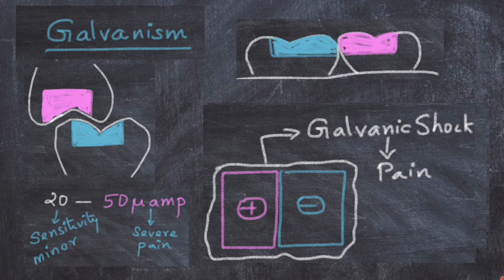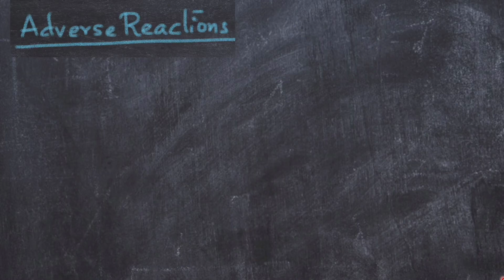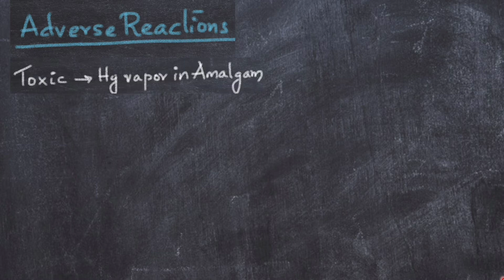I talked about the different properties, so why do we need to talk about biocompatibility? What are the types of adverse reactions that are produced by these dental materials? For us to talk so much about them and learn so much about them before we start using them or manufacturing more. These adverse reactions can be toxic, as in the release of mercury vapor from amalgam.